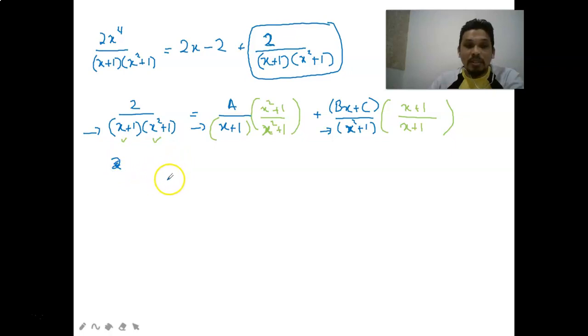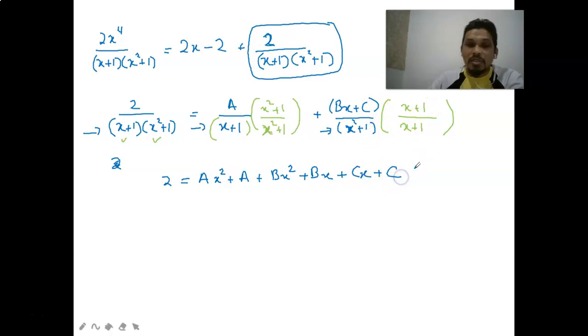Something like 2 equal to a times x squared equal to ax squared plus a times 1 equal to a, plus bx times x equal to bx squared, bx times 1 equal to bx, c times x equal to cx, and c times 1 equal to c.